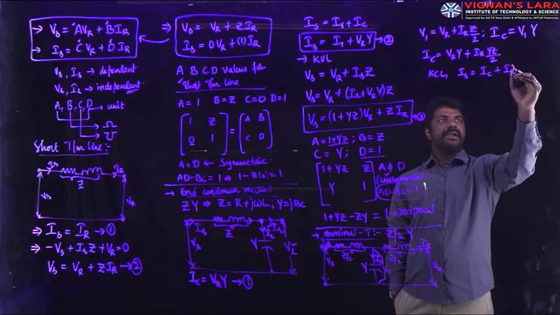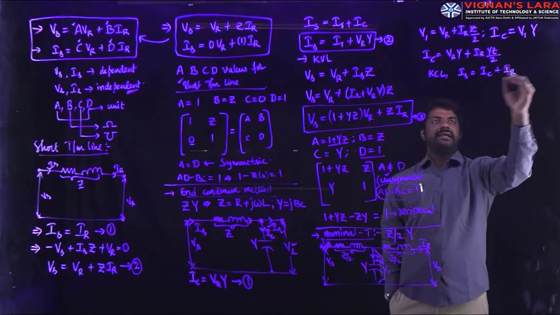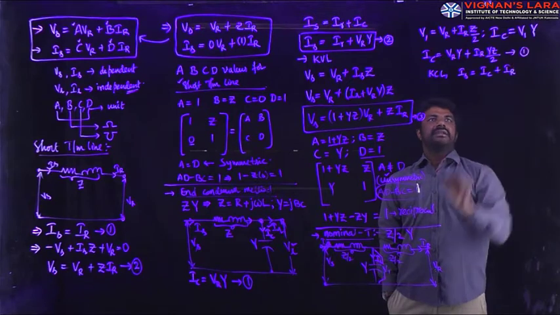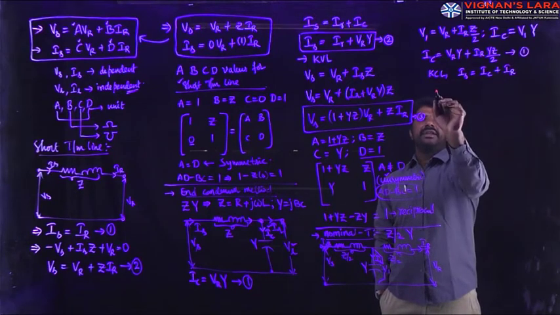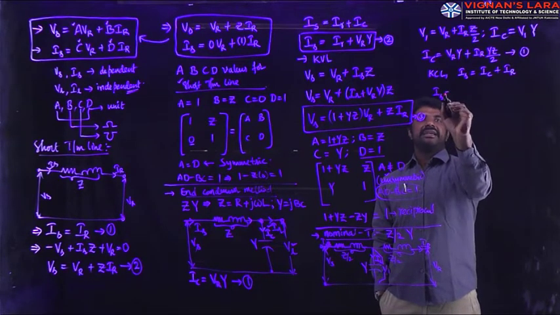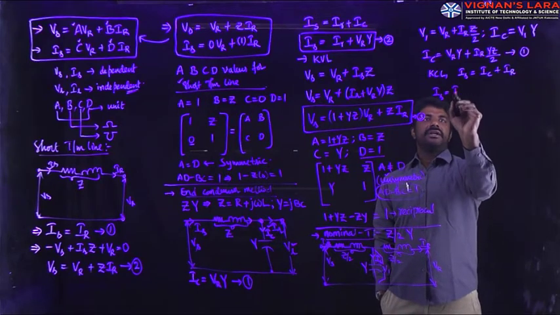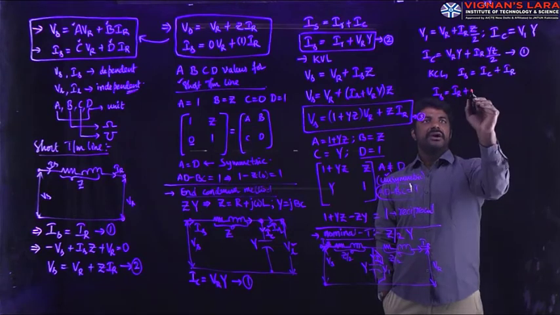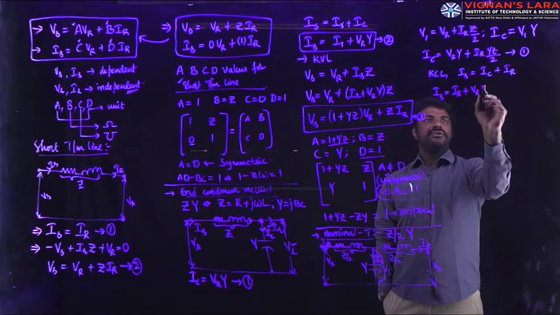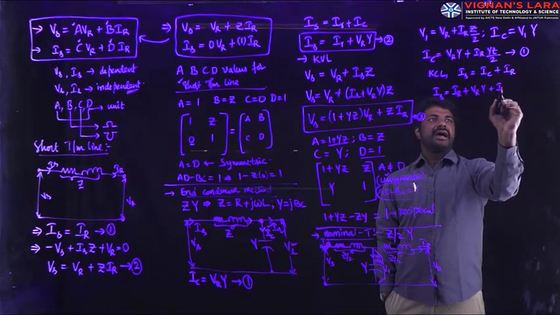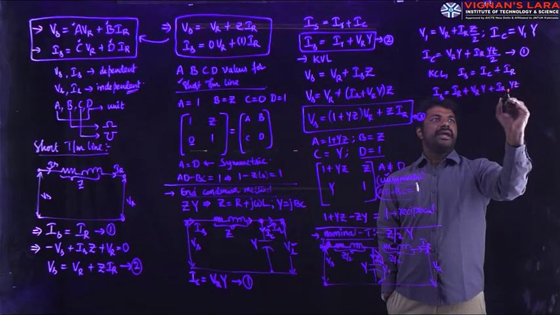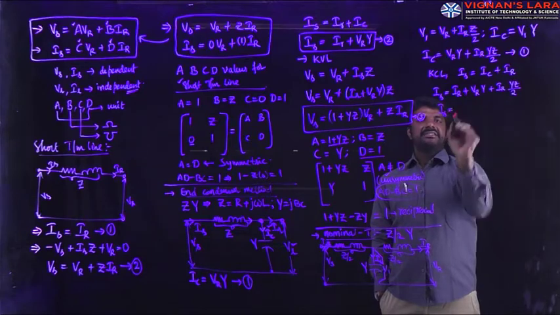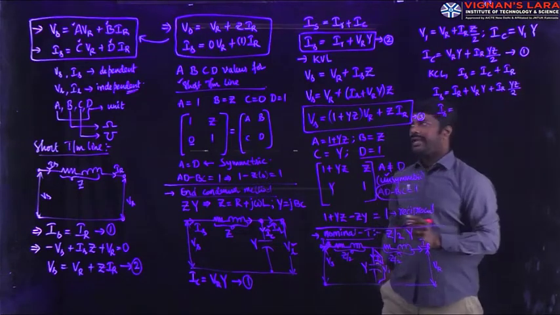IR is an independent quantity and known to us beforehand, whereas IC we just calculated; let it be equation 1. Simplifying, we get IS equal to the delivered current IR plus the IC value. The IC value is VR into Y plus IR into YZ by 2. In the simplification process, the IS terms are rearranged. How to rearrange the terms?